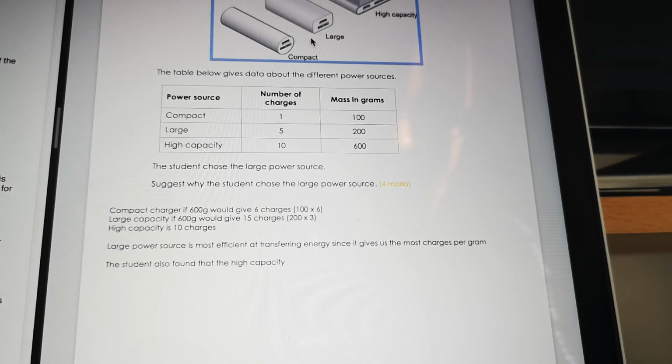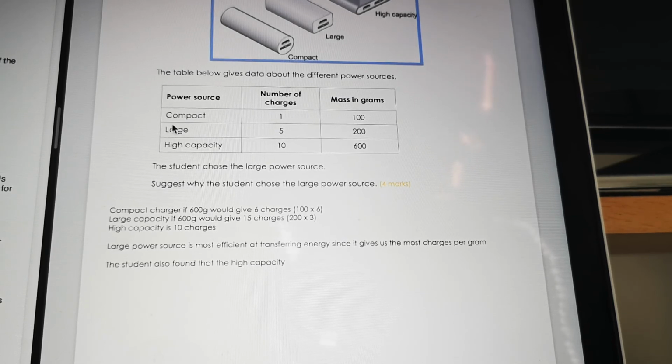And then here's the large one. The mass in grams of that one, times that by 3 to get to 600. So you times that number of charges by 3, and that means it will give you 15 charges for every 600 grams. So you can see whoever made the large power source, whatever company made that one, that's the most efficient at transferring energy.